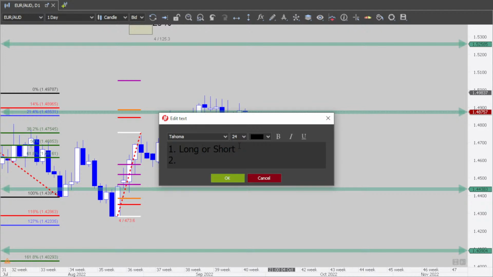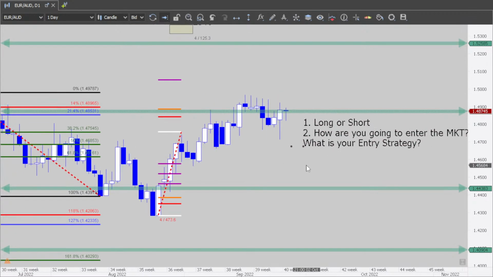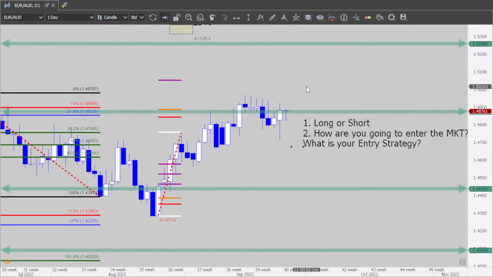Number two, how are you going to enter the market? What is your entry strategy? Okay, Simi says I'm short. Would you be so kind, Simi, and type in the chat your price, where you entered, where is your stop loss, where is your take profit, and what pattern are you shorting?